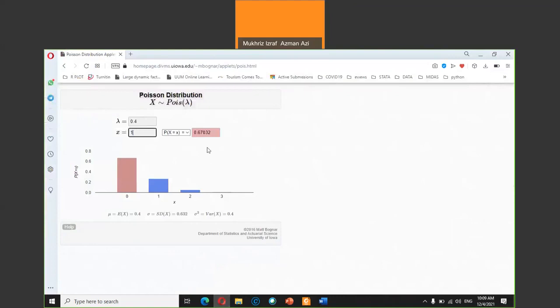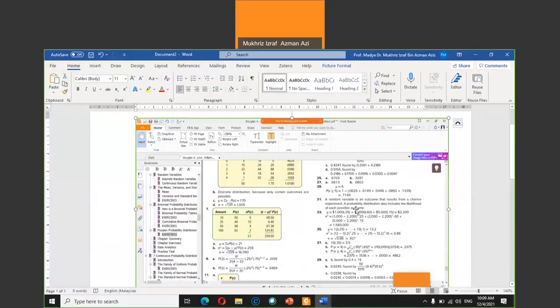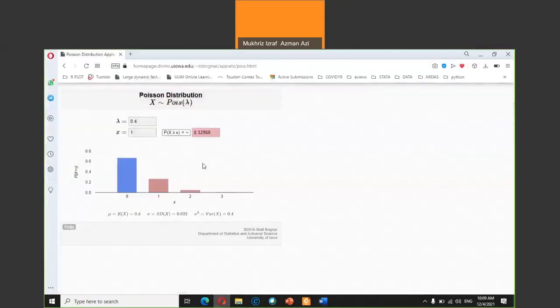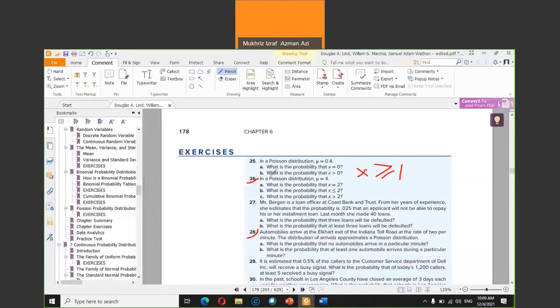Okay, so you need to choose this one, because x greater or equals to 1. So you're going to get 0.32968. Do we get the same one? 0.32968, which is the same as 0.3297. As you can see, that's how you solve the question. So if you want x greater than 0, it will be at least 1. So you put 1 here, choose the third option here. So that's how you solve 25B.